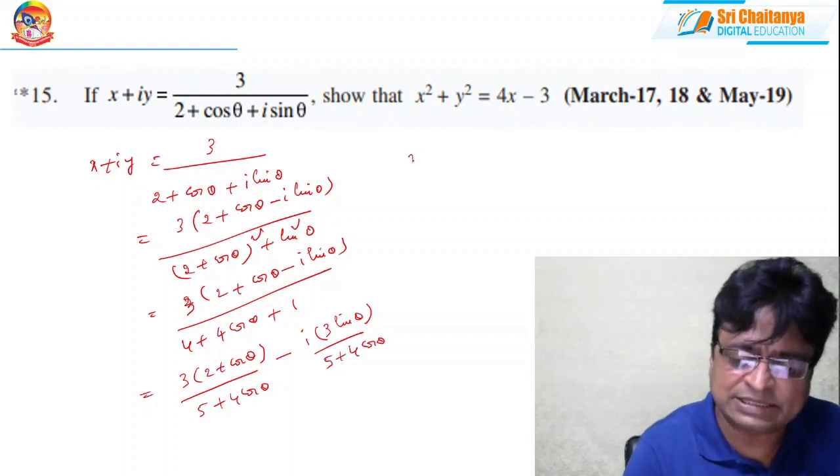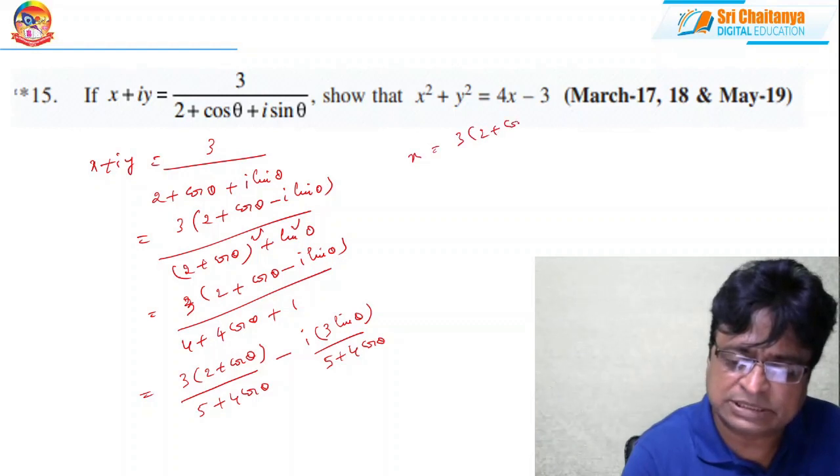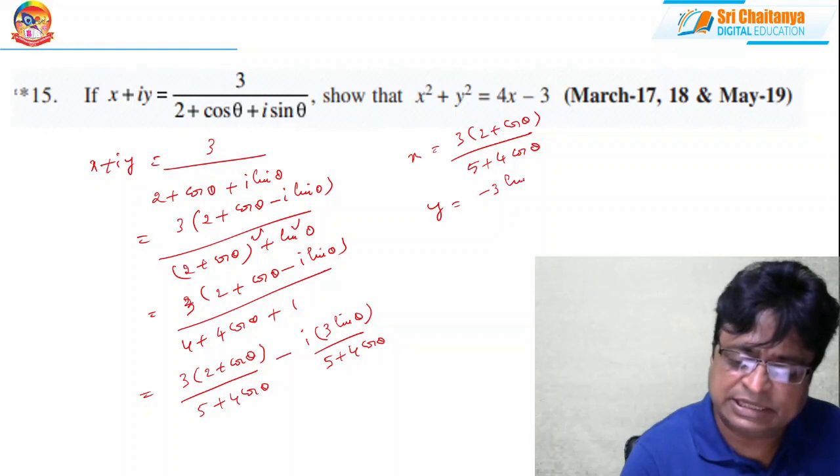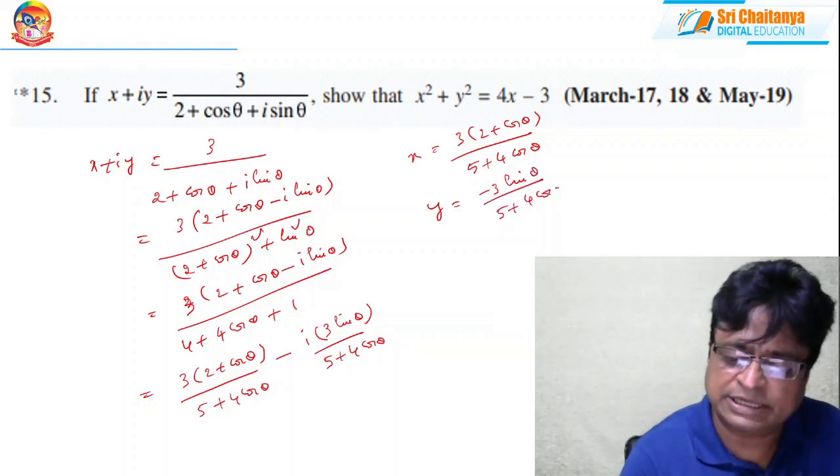So my x is 3 into 2 plus cos theta by 5 plus 4 cos theta, and my y equals minus 3 sin theta by 5 plus 4 cos theta.